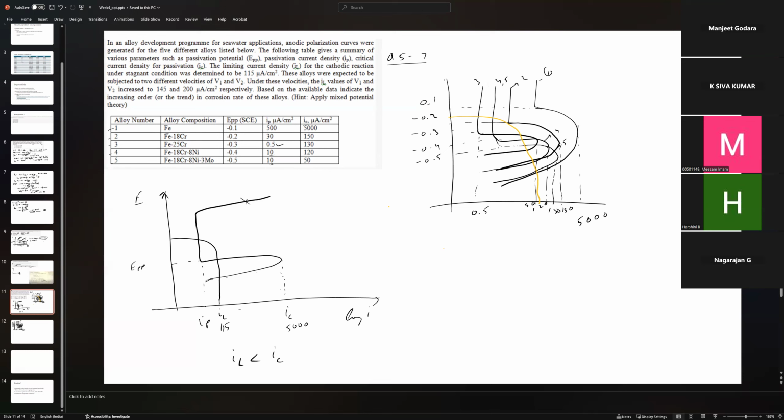Extend this excess effect to be something like this. We'll go straight down.